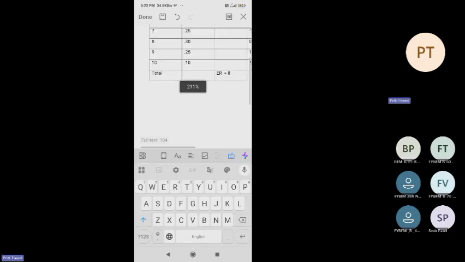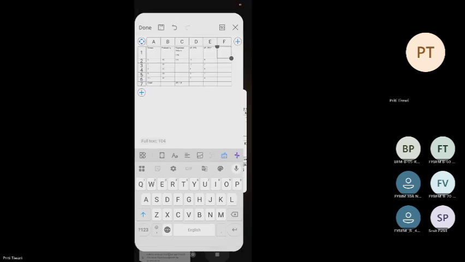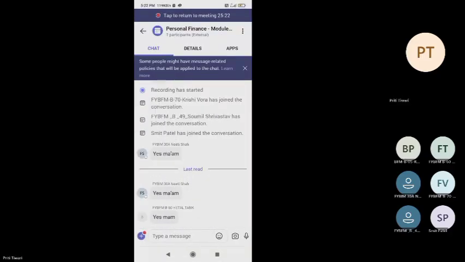Can anybody tell me, or write in the chat box, what the next step is? If you remember, after calculating expected return, we calculated deviations and squared the deviations. What is the next step? Class, what is the next step?